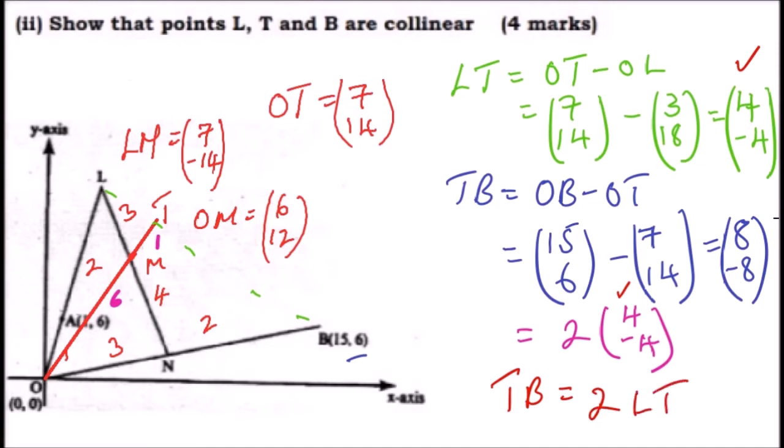And this means that they are collinear because we have managed to express one vector, that is TB, as a multiple of LT, and also they share a common point, which is T. So they are collinear. And that is how you work out that question. You get 4 marks.